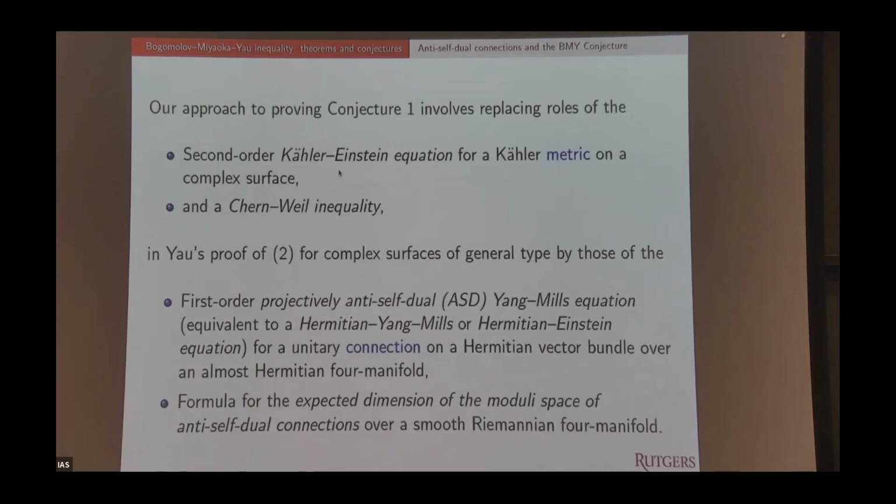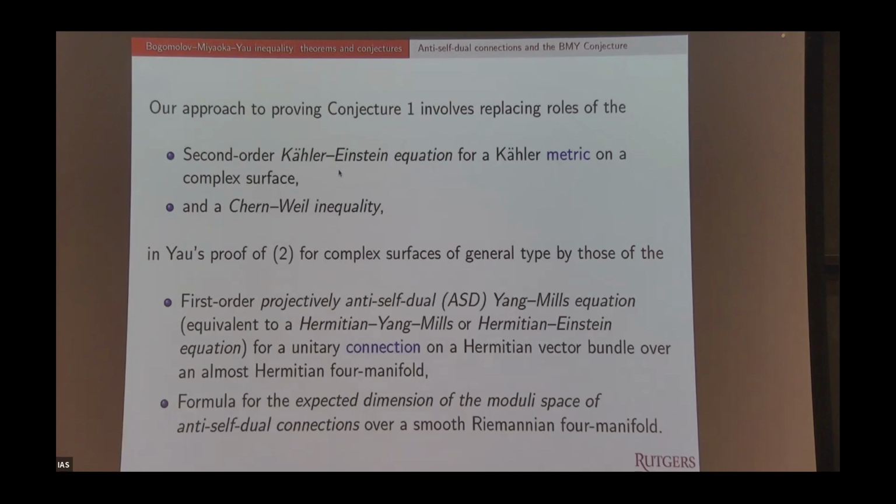Okay, so I'm going to talk first of all, after that introduction, about our approach to proving the inequality. It's fundamentally analytic in nature. Yau proved the inequality by demonstrating the existence of a certain solution to a Kähler-Einstein equation and used a Chern-Bogomolov-Miyaoka-Yau inequality.